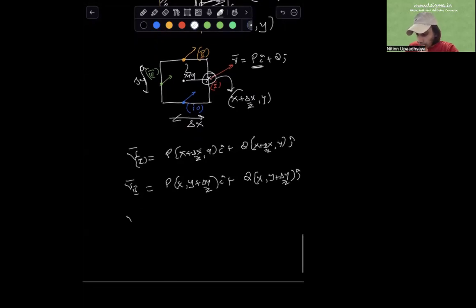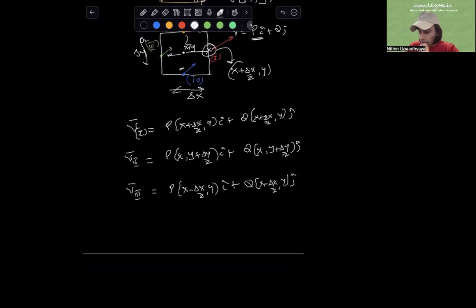Similarly, we can write the vector field at the location along segment 3. Now here, x is shifted backwards by minus del x by 2, or rather by del x by 2. So this is x minus del x by 2, whereas y remains what it is. So it's P i plus Q(x minus del x by 2, y) j.